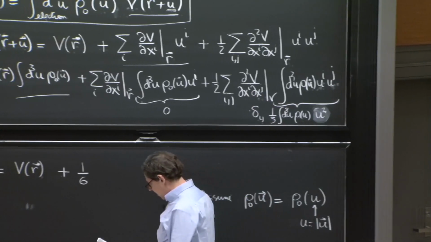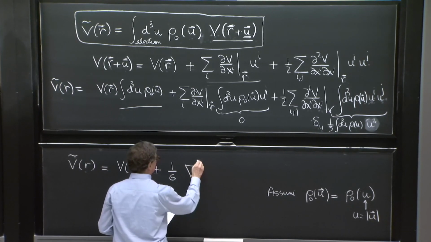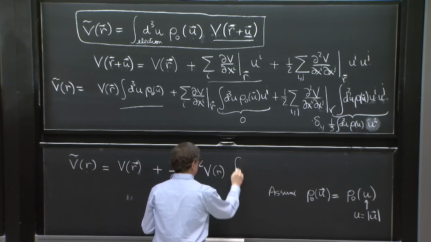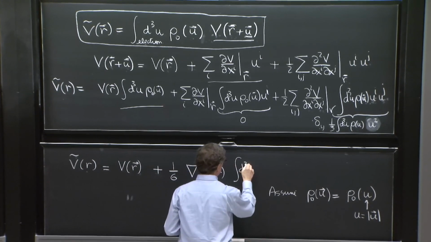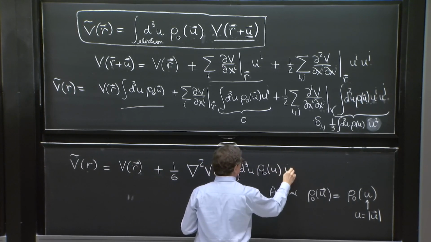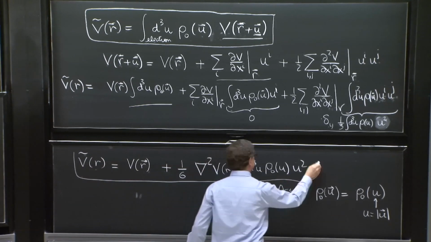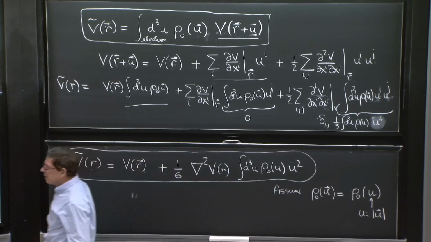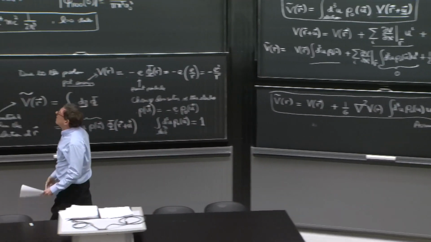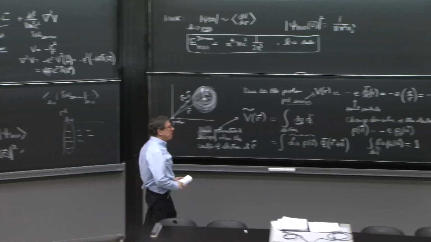So what do we get here? 1/6 of the Laplacian of v evaluated at r times the integral d cubed u, rho 0 of u, u squared. Very nice, already starting to look like what we wanted, a Laplacian. Can we do a little better?